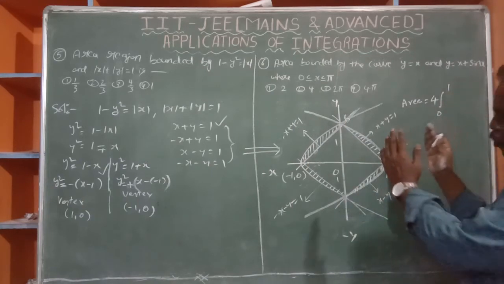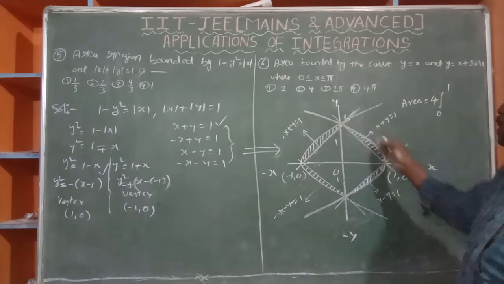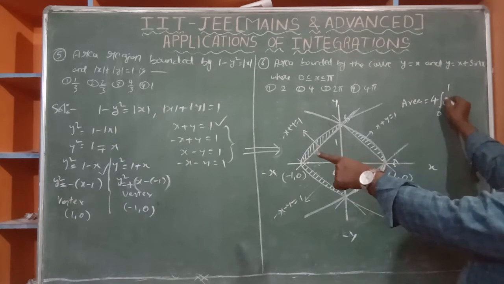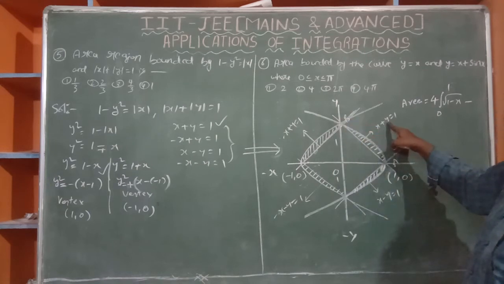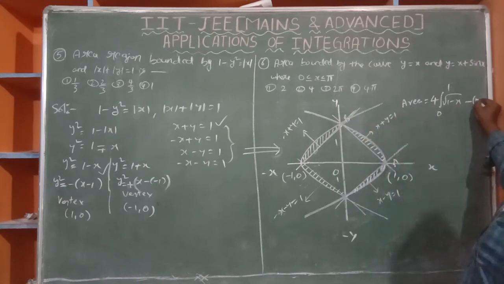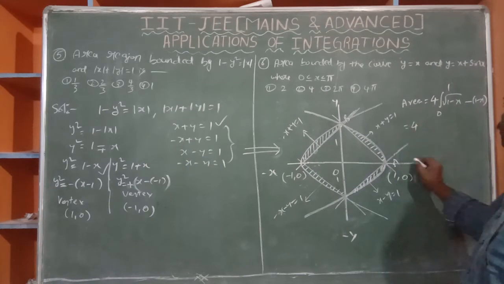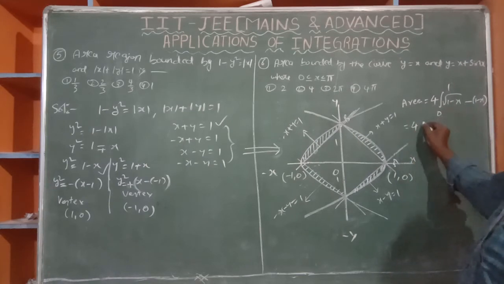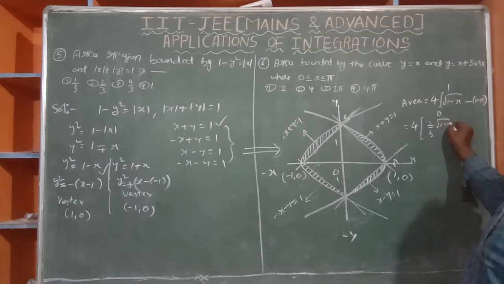With limits x is equal to 0 and x is equal to 1, under the curve y is equal to root of 1 minus x. So it is 4 times the integral of root of 1 minus x. Root of something cubed gives 2 by 3, but the minus is there.